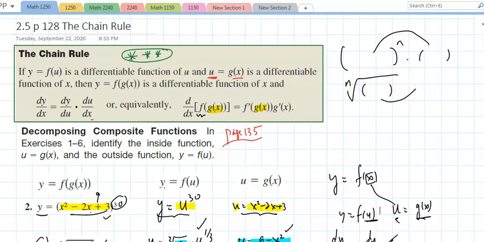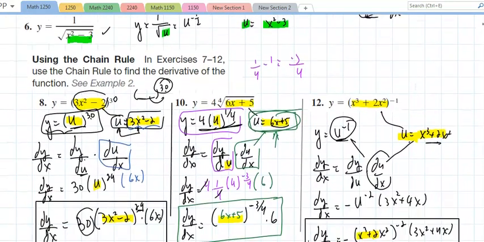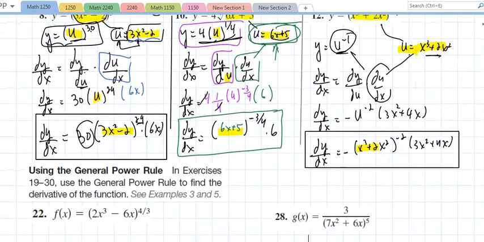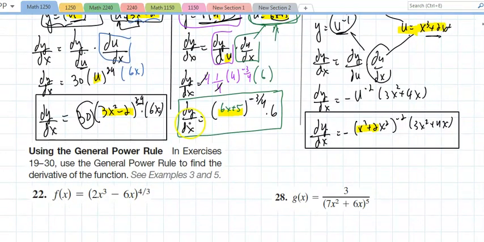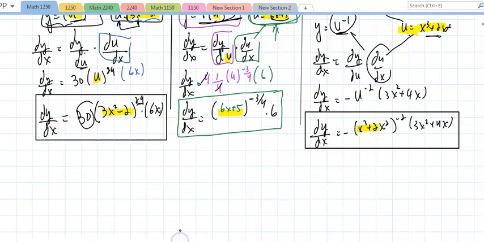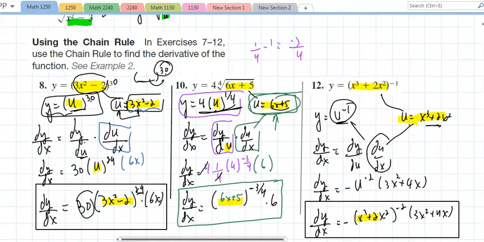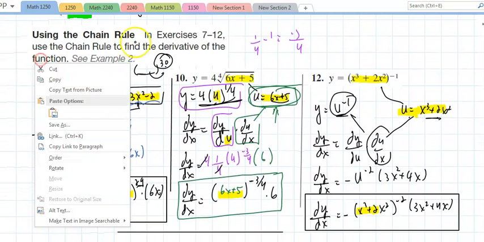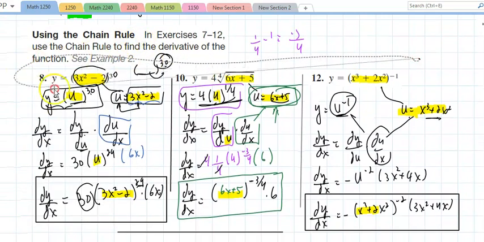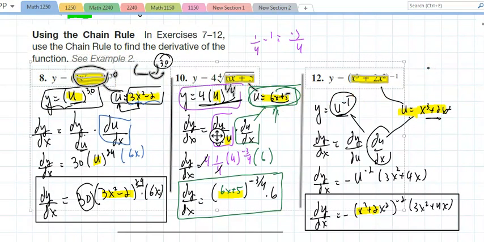So let's try that on these 3 problems again.